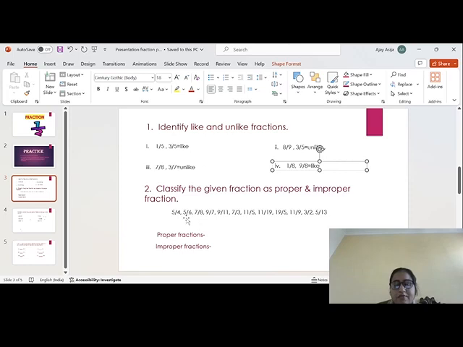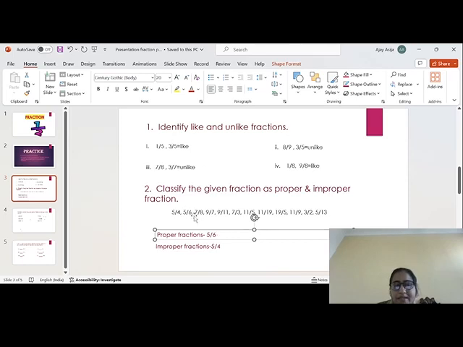So as you can see in 5 by 6, 5 is numerator and 6 is denominator. Numerator is less than denominator. So 5 by 6 is a proper fraction. But in 5 by 4, numerator is more than denominator. So 5 by 4 is an improper fraction.